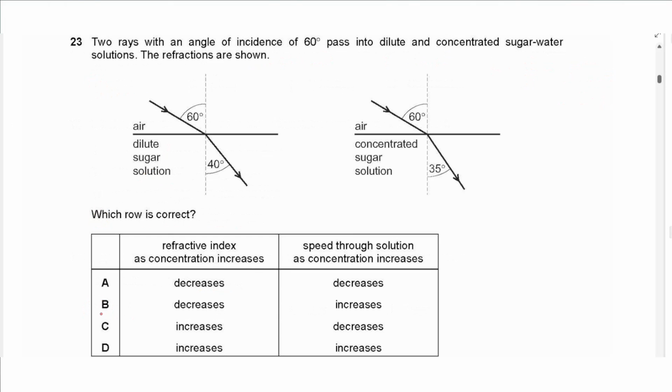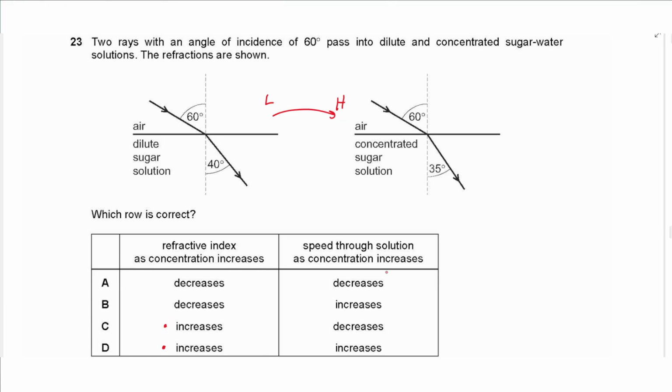Question 23 says, two rays with angle of incidence 60 degrees pass into dilute and concentrated sugar water solutions. The refractions are shown. Which row is correct? The refractive index as concentration increases, decreases or increases. So going from low concentration to high concentration, the bending increased, which means the refractive index increased.